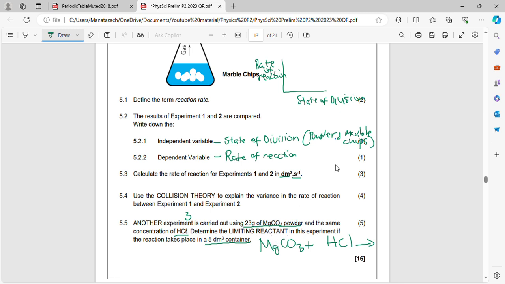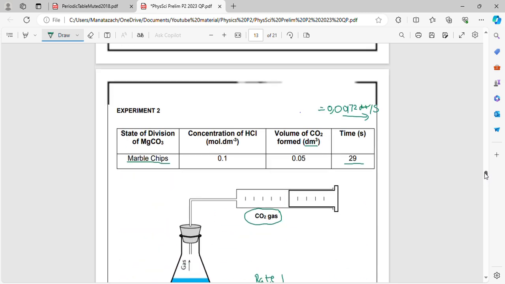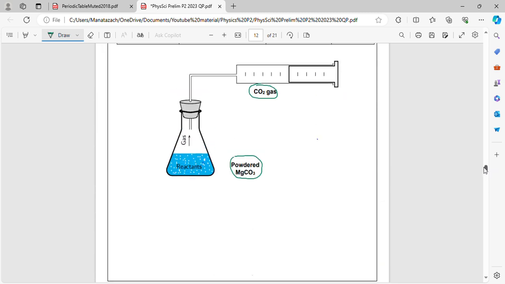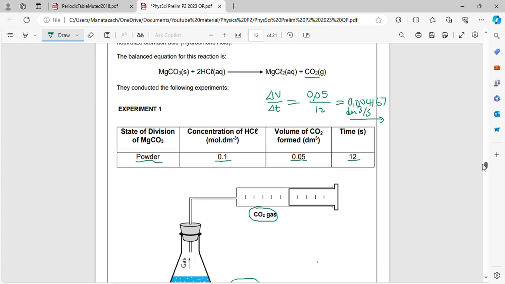Okay, let's use that in a calculation. Let me use experiment 1 for example. You already have magnesium carbonate reacting with hydrochloric acid. This is the balanced equation for the reaction. Remember, magnesium carbonate is 23 grams.